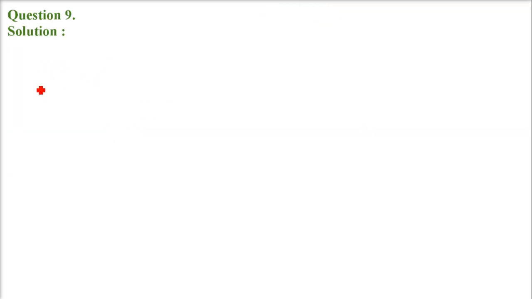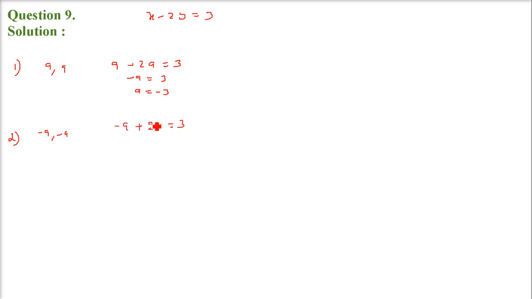So first, the center lies on the line given by x minus 2y equals 3. The first case is (a, a). Put x as a and y as a: a minus 2a equals 3, so minus a is 3, a is minus 3. Second situation, (-a, -a): minus a plus 2a equals 3, so a equals 3.